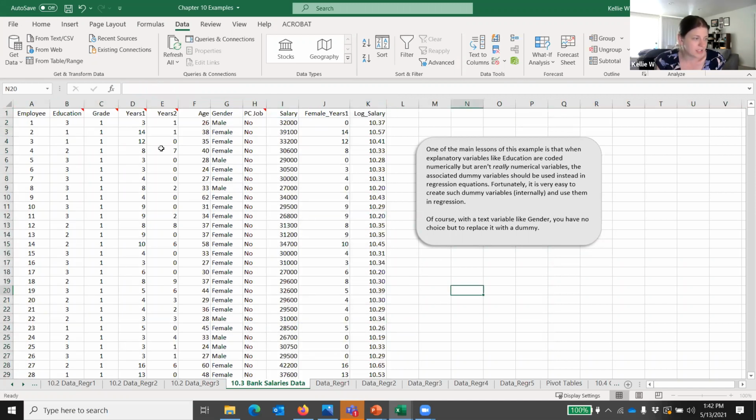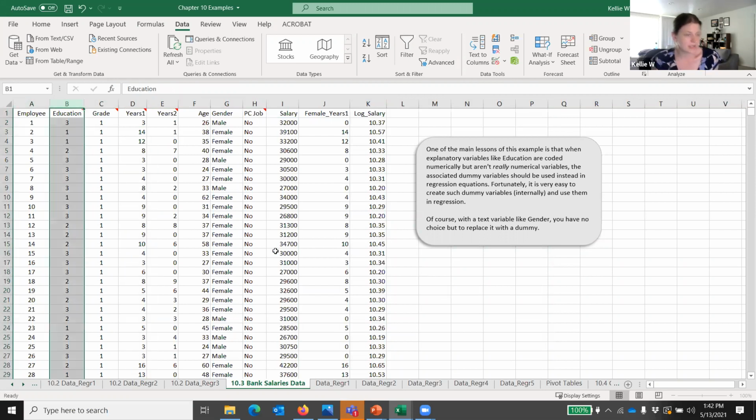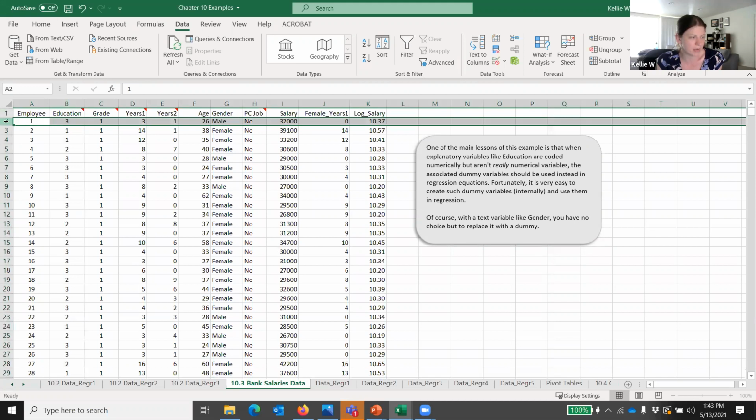Another thing to note, education is coded as if it were numerical, but it's not. So if you wanted to regress against education, you would need to create dummy variables instead. In this case, you create a variable for high school, some college, some graduate, and then you put 0, 0, 0, 1, 0, 0, with 1 being for that row, that employee.